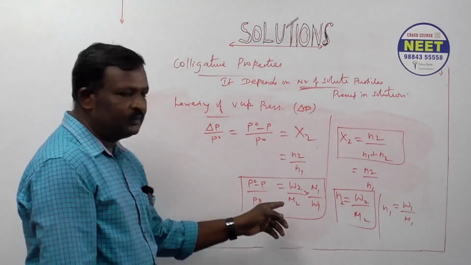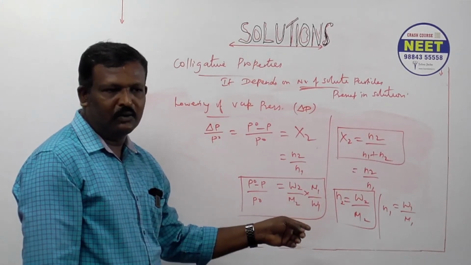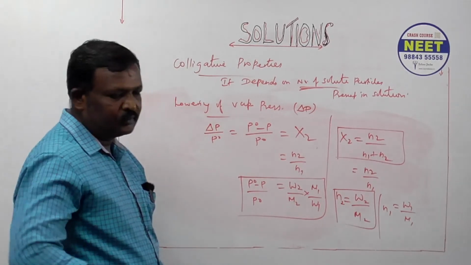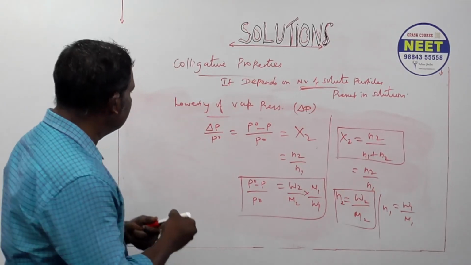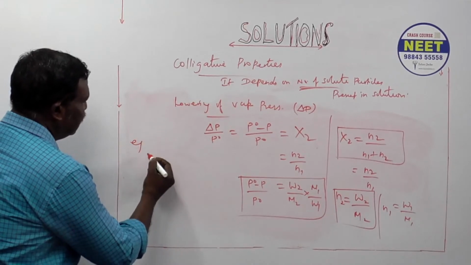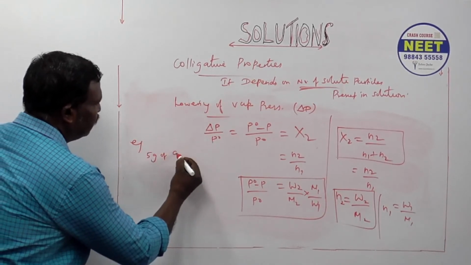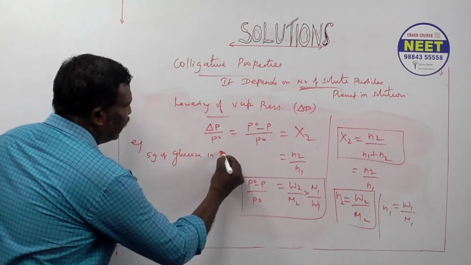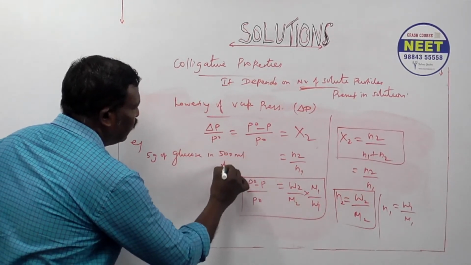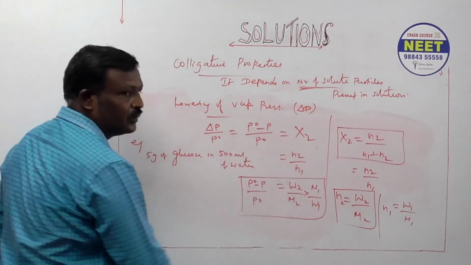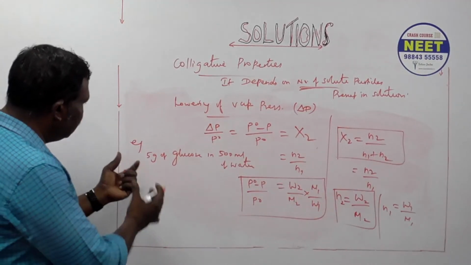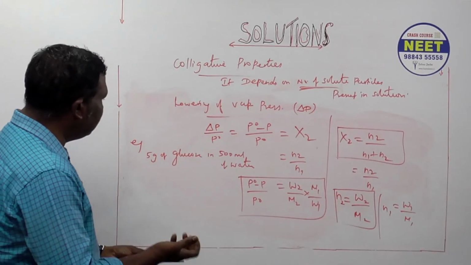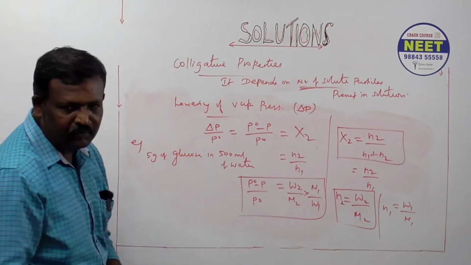Now you know what is 1, what is 2, isn't it? For example, 5 gram of glucose in 500 ml of water.